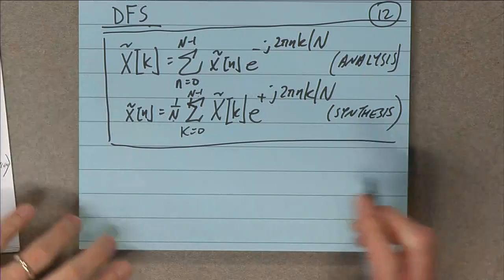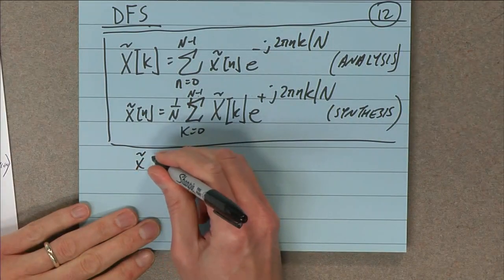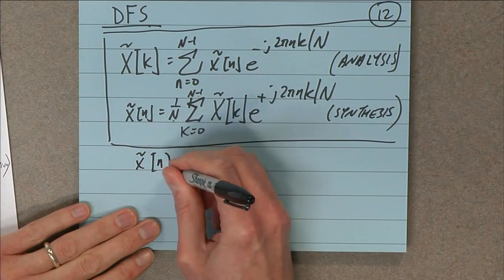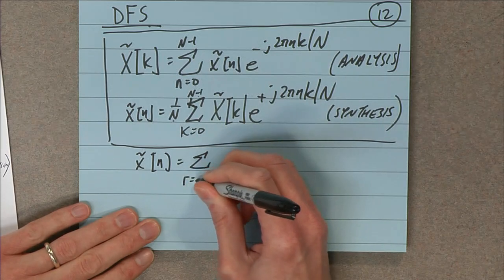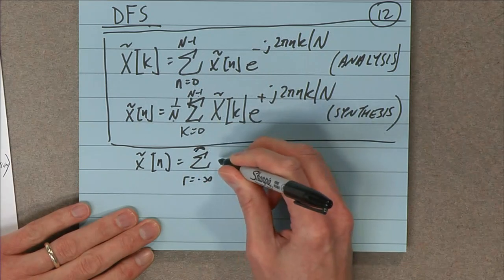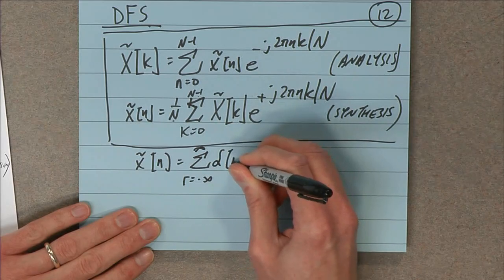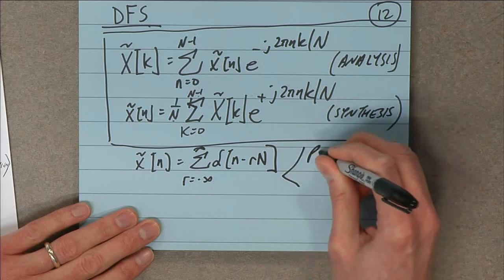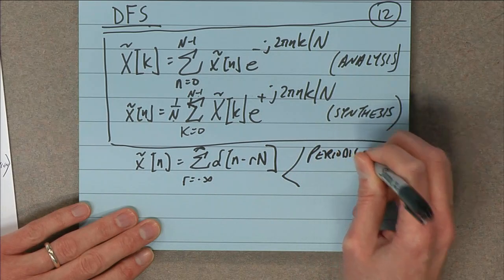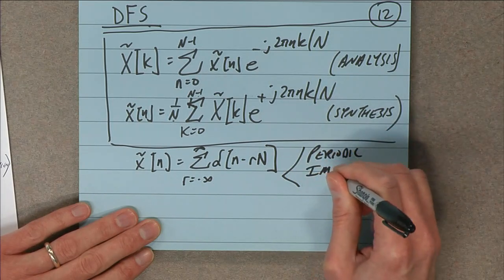So let's talk about a common useful concept: the sum over r equals minus infinity to infinity of this impulse train. This is going to play a key role. Periodic impulse train.